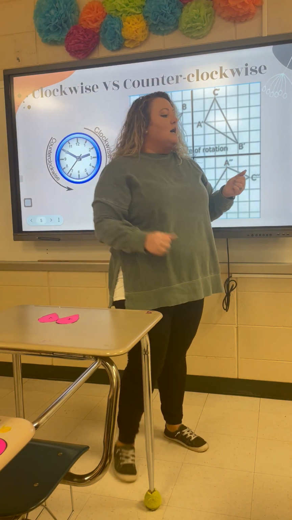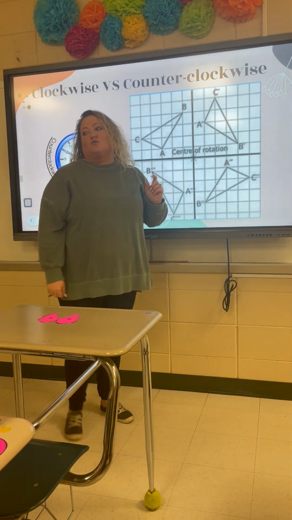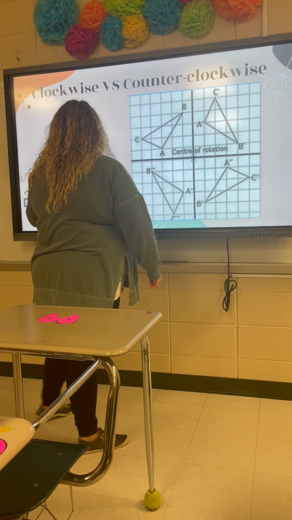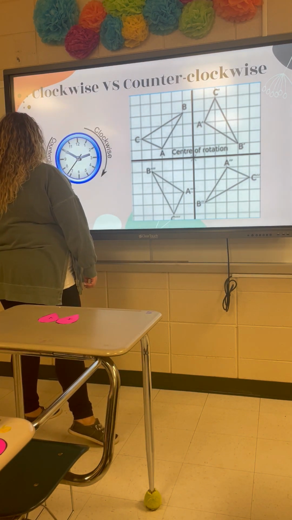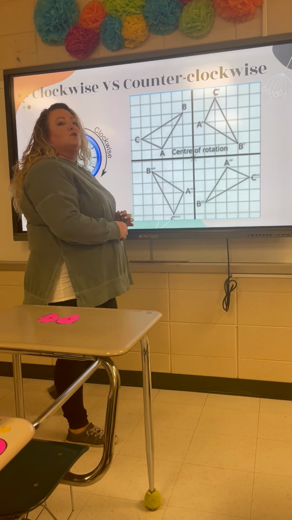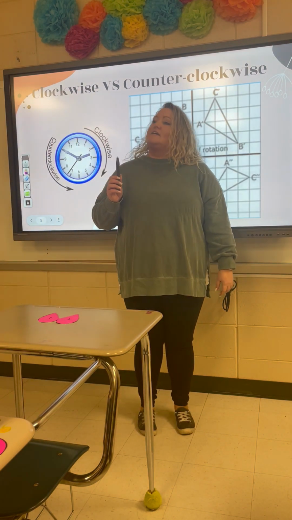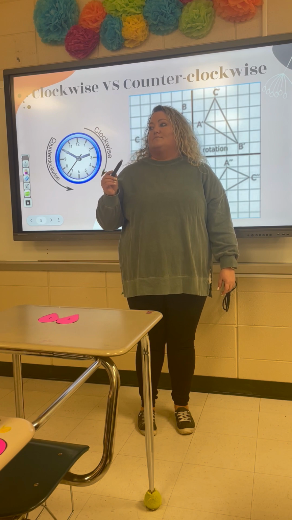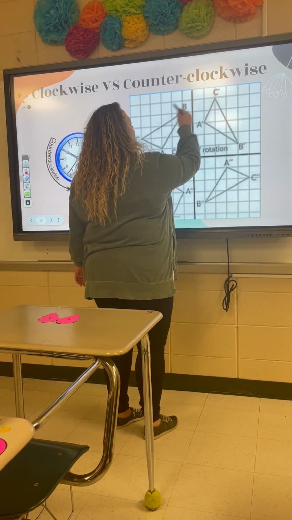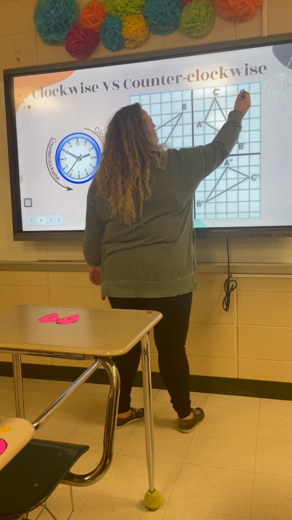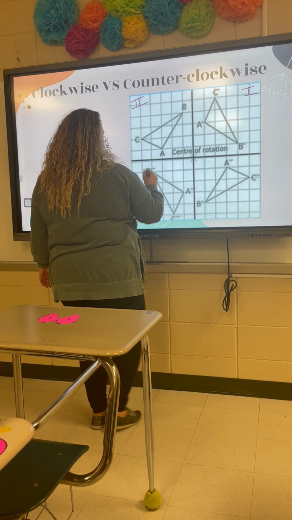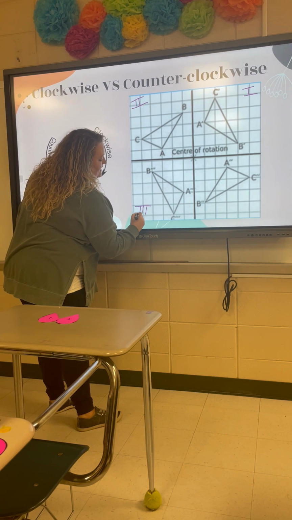The next is the degree of rotation. So I'm going to start by going through and talking about the quadrants first. So what was the shortcut we learned last Friday for remembering the order of the quadrants? We draw what letter? A C. So when we draw that letter C, we start in quadrant what? 1, and then we go to quadrant 2, 3, and then 4.